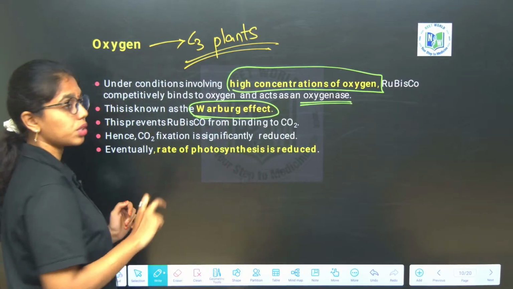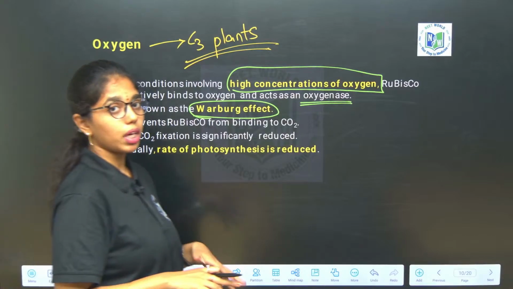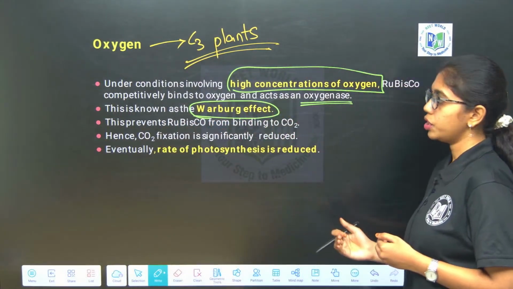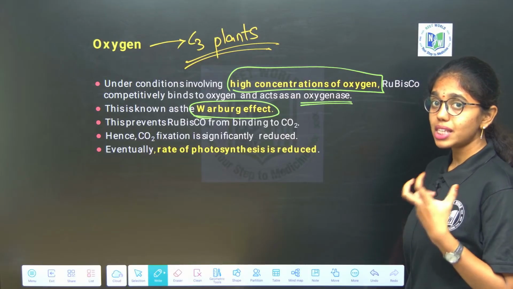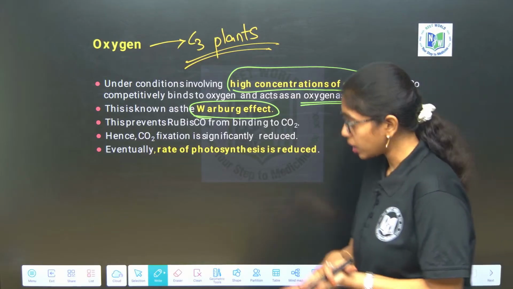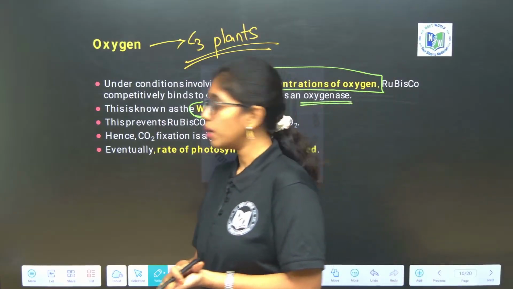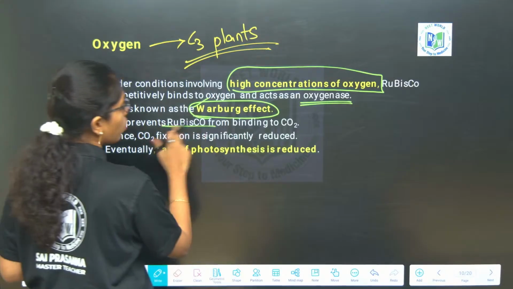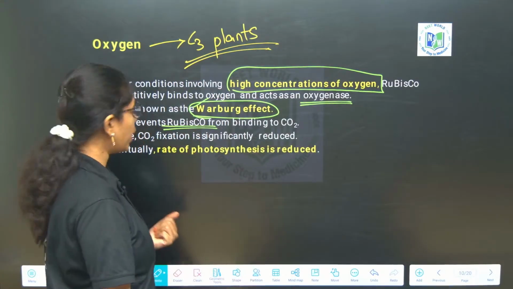The Warburg effect is nothing but a decrease in any biochemical process when there are high oxygen conditions. When there is oxygen enriched conditions, the decrease in the biochemical process is called what? The Warburg effect. This will prevent Rubisco from binding to carbon dioxide.